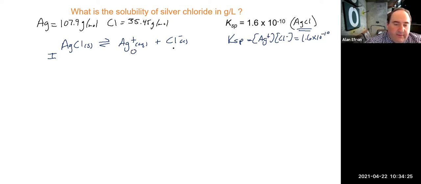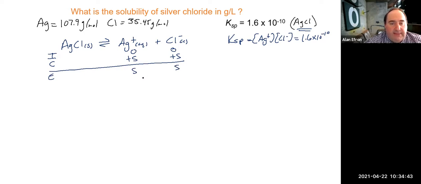We're always going to assume in most cases that we're starting with 0 of our ions. As it starts to break apart, we will again get plus S and plus S. Again, each coefficient is 1 there, so that's why it's just S for each of them. That bringing us down would get us to S and S at this point. Any questions on the ICE table here?